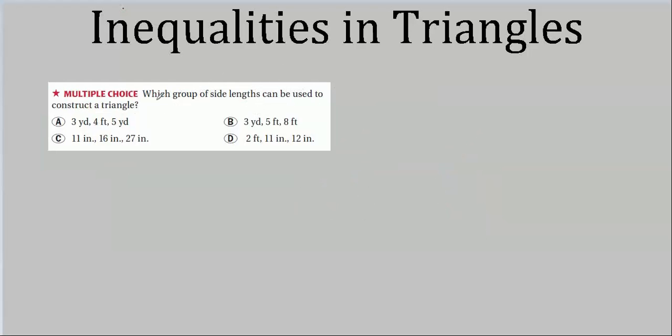So we got yards, feet, and yards. It'd probably end up with more whole numbers if we just convert the feet. So 3 yards would be 9 feet. 5 yards would be 15 feet. Over here, 3 yards, 9 feet, 5 feet, 8 feet.